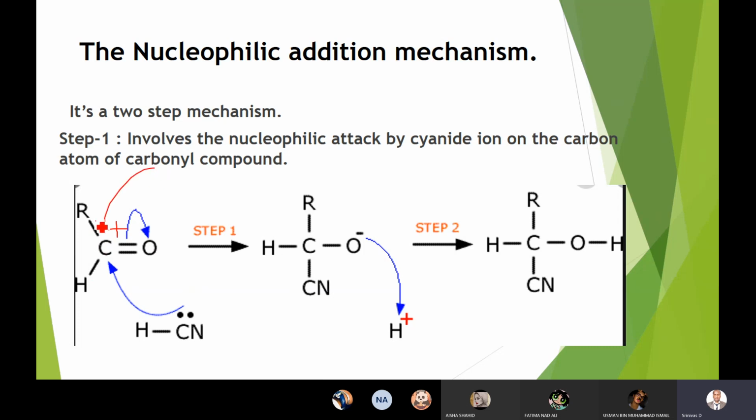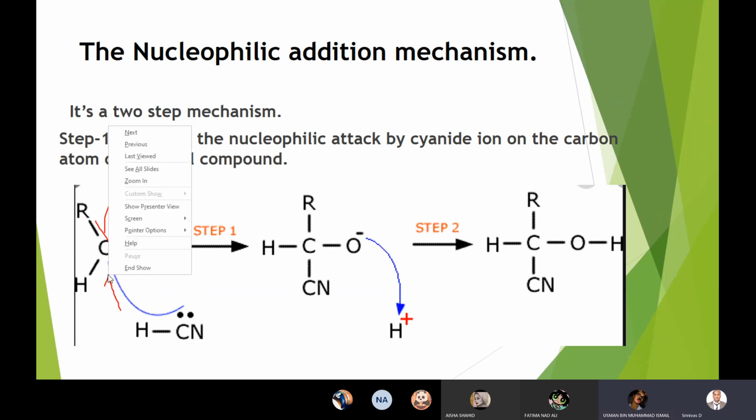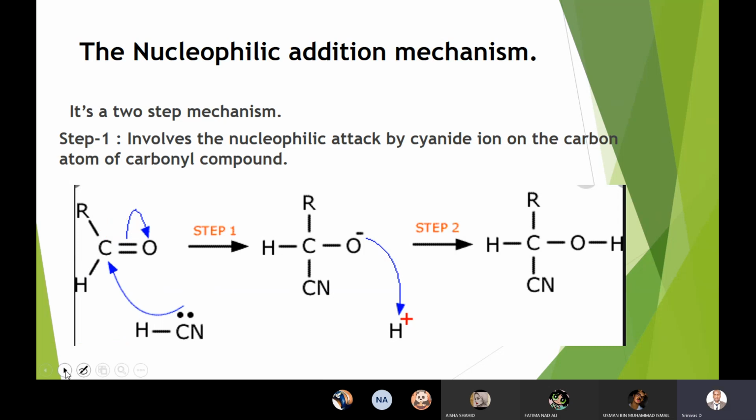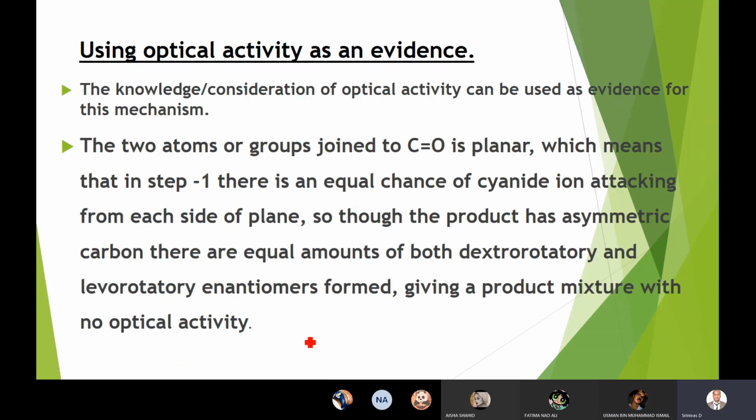Now the CN can come from this side or from this side, so two enantiomers, otherwise called optical isomers, are possible. I showed the products also, you need not worry. I hope I'm clear with the optical activity evidence.